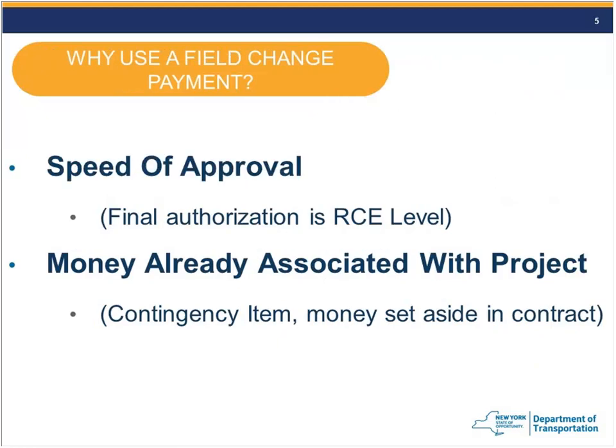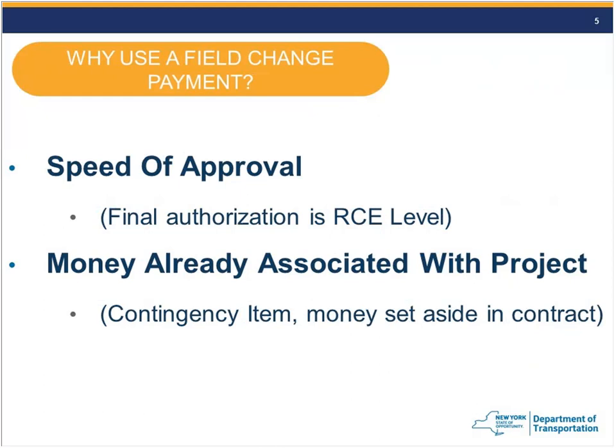So why use a field change payment? Why are we spending a whole session here talking about the field change payment? Well, number one, the speed of approval is very quick. So I know in our region, and we're a smaller region, so I can't speak for every region, but it's not unusual to get a field change payment approved in less than a week, start to finish.